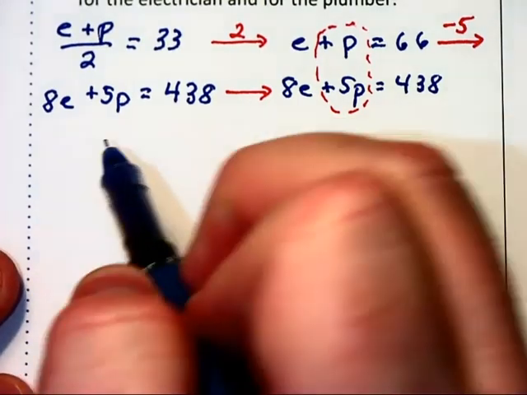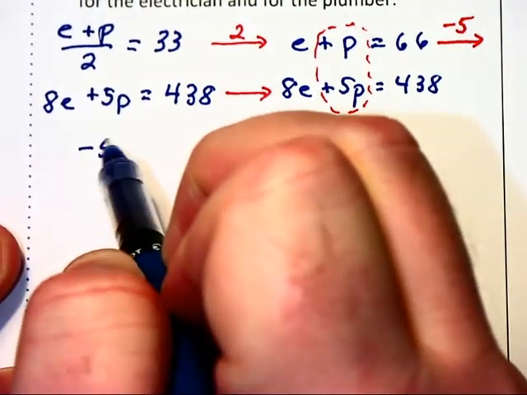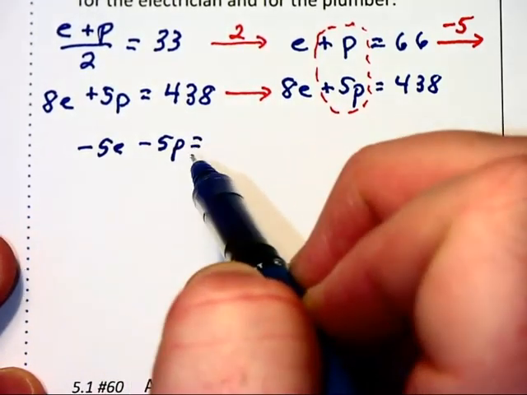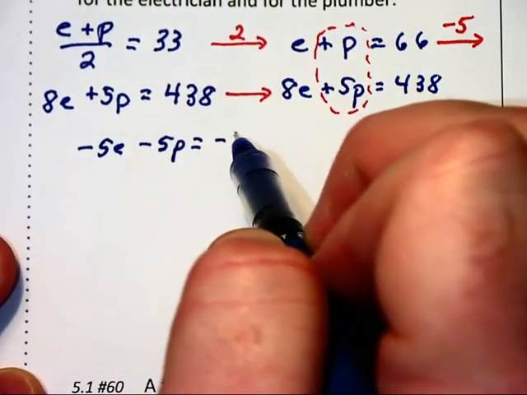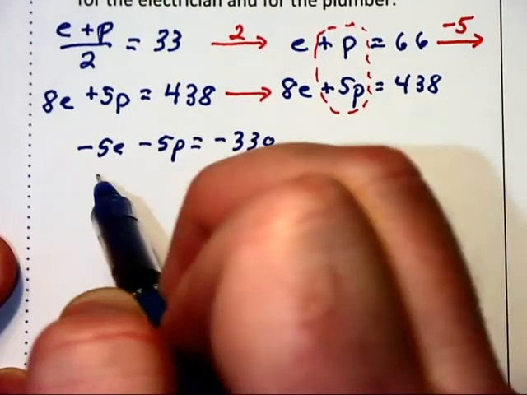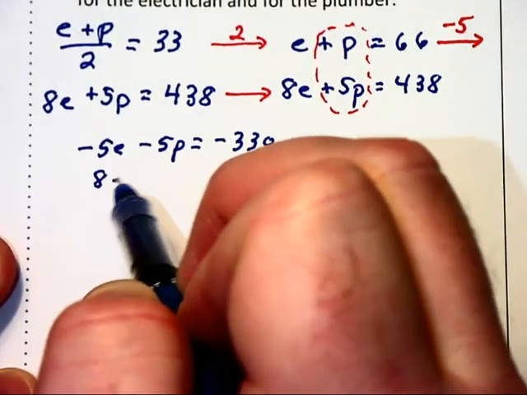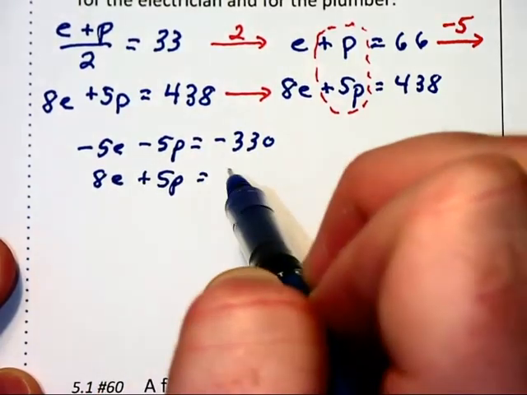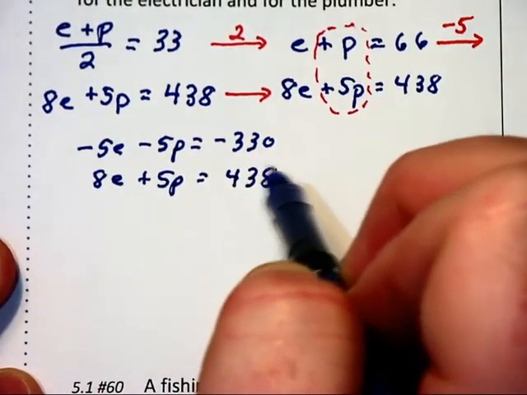Our first equation now becomes -5E minus 5P is equal to -330, and the second equation is going to stay right where it's at: 8E plus 5P is equal to 438.